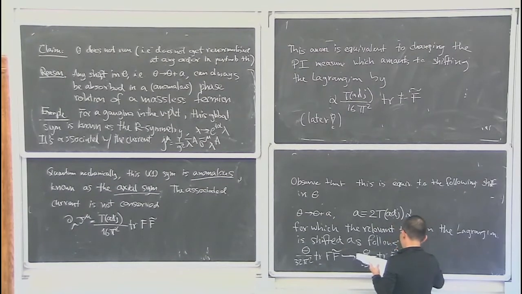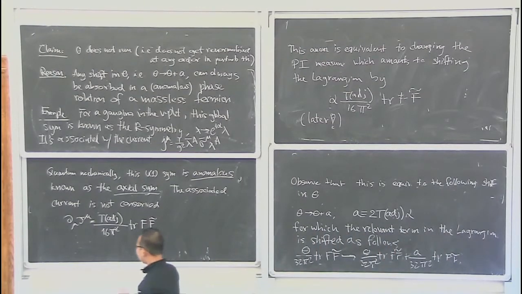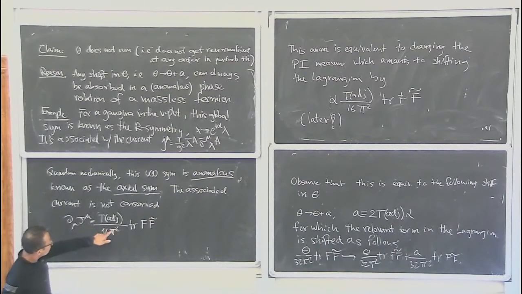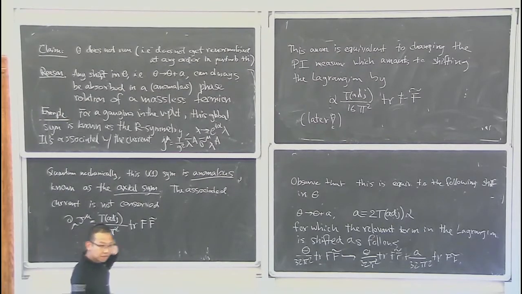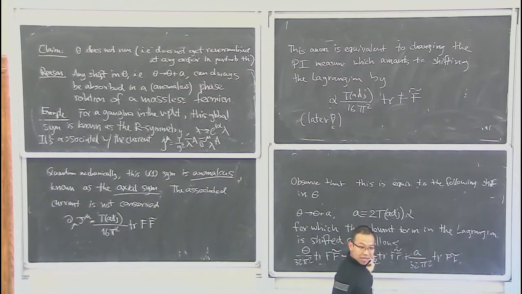Of course, you shift by a. So what I'm doing is that the shift in the fermion phase is equivalent to a shift in the theta angle that you can absorb. Hence theta doesn't run. This is the finish of the argument that I want to state.